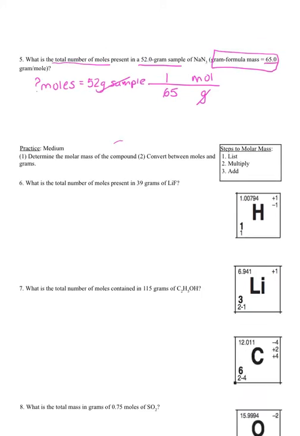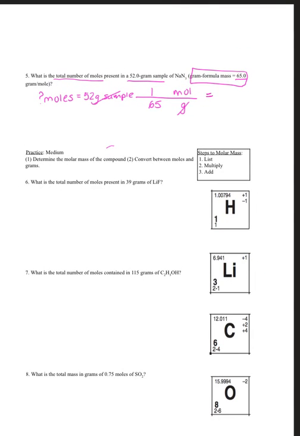All right, now we can calculate. Everything on the top gets multiplied. 52 times 1 is 52. And 52 divided by 65 gives me 0.8, and the unit is mole. Okay, and that's the answer to this one.